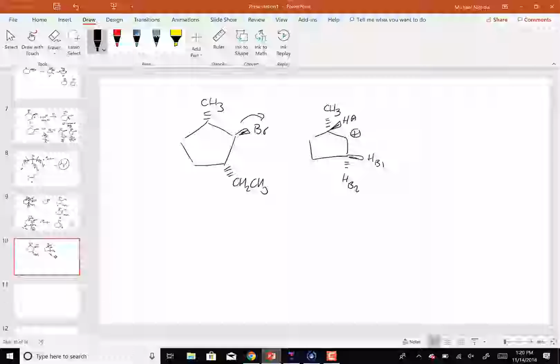What's our criteria for doing a rearrangement? I have to make the new carbocation more stable. I have to form a more stable carbocation. So that means if HA shifts over, we have what kind of carbocation?